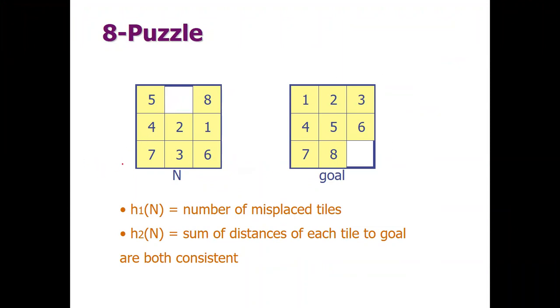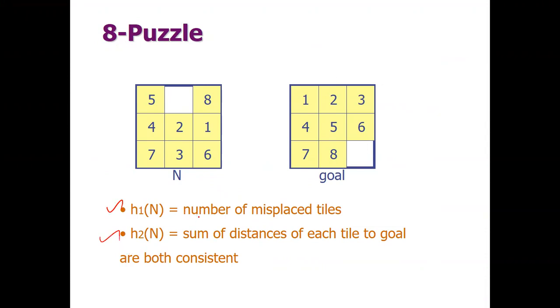This problem can be solved by using any heuristic function, but we first have to frame the heuristic function satisfying the conditions. That is, the heuristic function should be admissible, it should be consistent, all those things. So here we have two options.